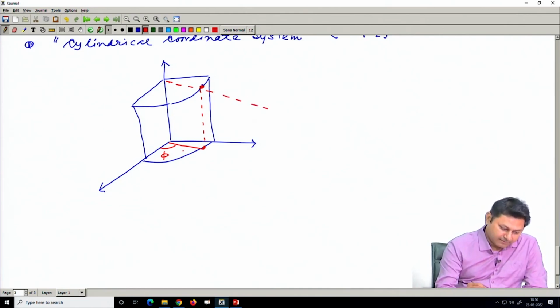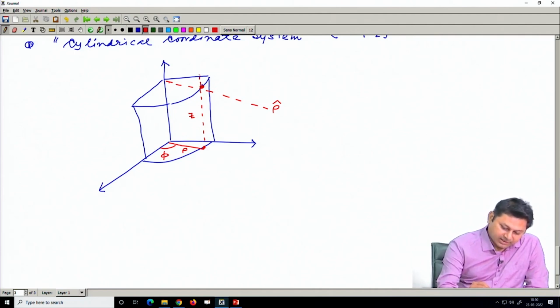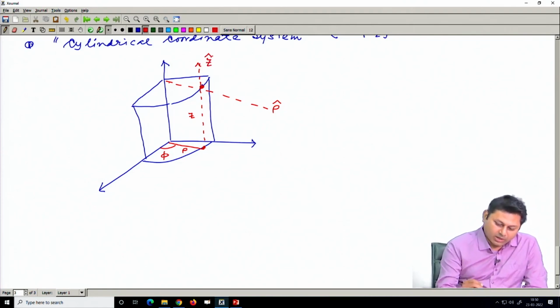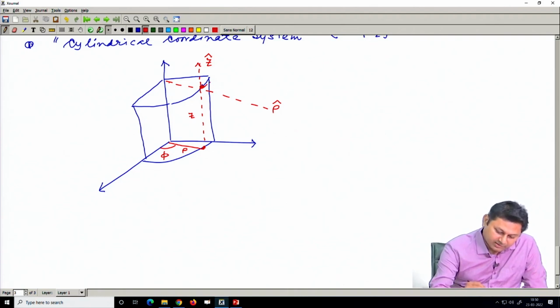So this is my rho, along this direction I have the rho unit vector, and this is the value of the rho, this is the phi, and this length is z, from here to here. So if I now define the unit vectors, z will be as usual in this direction, this is the unit vector z, this is rho, and phi will be along this tangential direction.